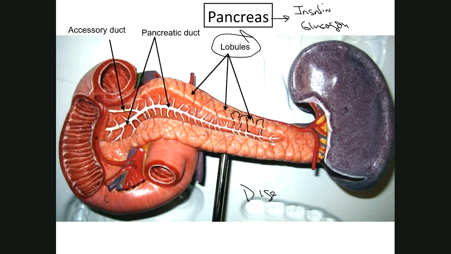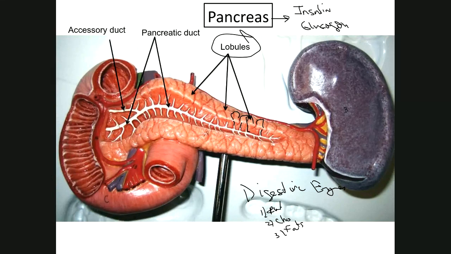And without these digestive enzymes, you cannot digest food. And so you cannot live without your pancreas, because these digestive enzymes help you digest proteins and fats and carbohydrates, all of those things. And so without these, you can't digest any food at all.